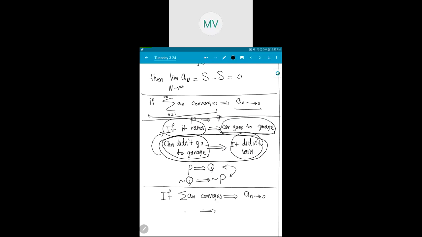I'll write it beneath. So what's the opposite of this? If it goes to 0, then this already goes to 0. So what's the opposite of it? If a_n doesn't go to 0, yes, then the series diverges, exactly.